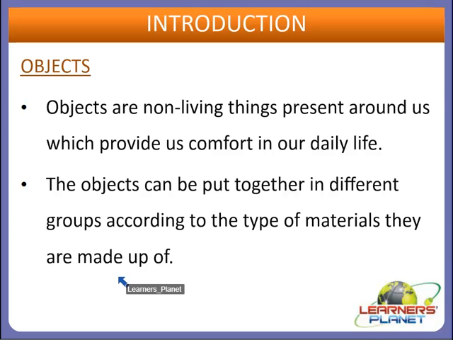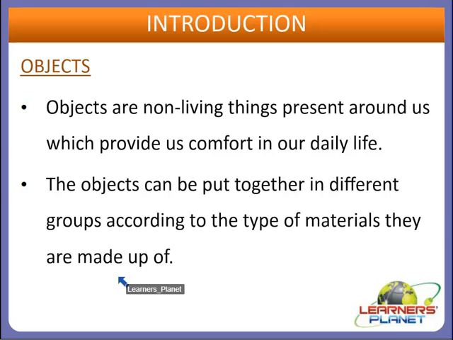Objects are made up of various materials. So students, we can say that an object can be made of one material or more than one material. Also, a material can be used to make different objects. For example, glass is used to make a glass bowl. It is also used to make a glass jar, even spectacles and a mirror.